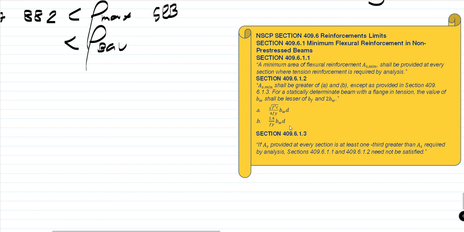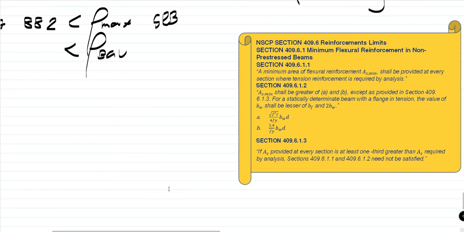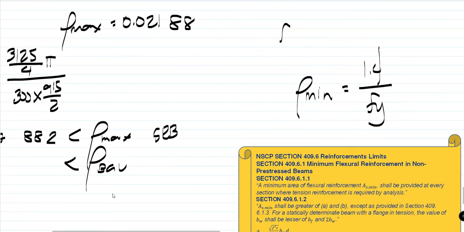So that is a value na yung sinabi natin from the start para makuha si raw minimum, that is AS min over BWD, which is same pa rin kung ang gagawin natin is raw minimum lang. So yung raw minimum, tanggalin lang natin yung BWD, yan na 1.4 over Fy, kasi nga yung F prime C natin lesser than 31.36 megapascal, which is na-derive naman natin to from our previous video.